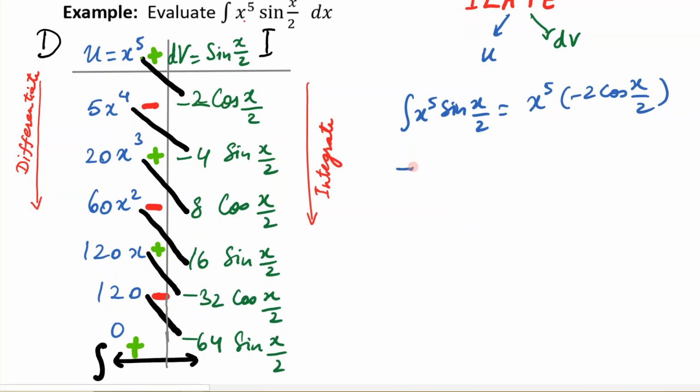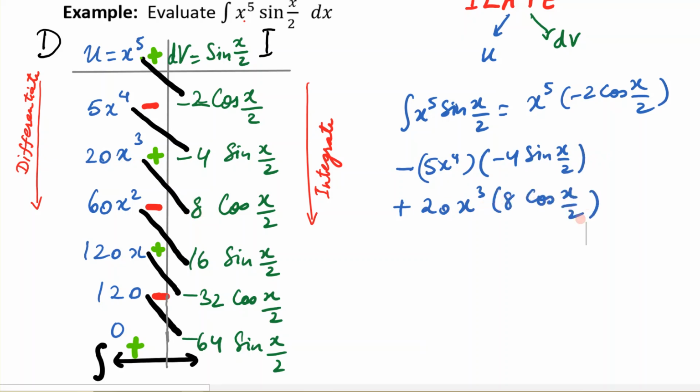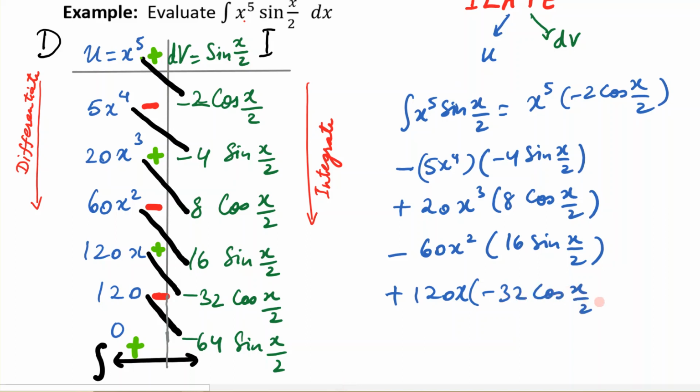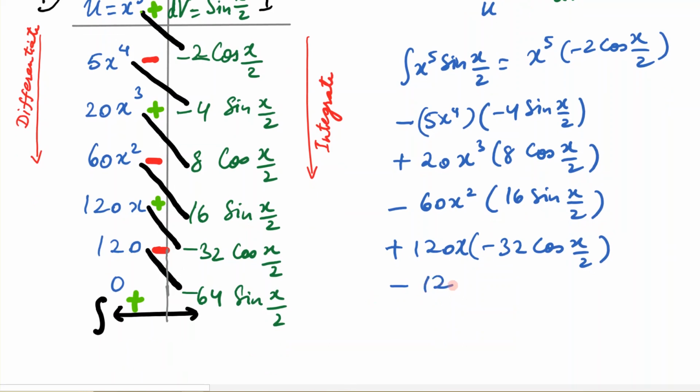Next, minus 5x raised to the power 4 times negative 4 sine x over 2, and then again plus 20x cubed times 8 cosine x over 2, and then we have minus 60x squared times 16 sine x over 2, and then we have plus 120 times x and negative 32 cosine x over 2, and then we have minus 120 times negative 64 sine x over 2.